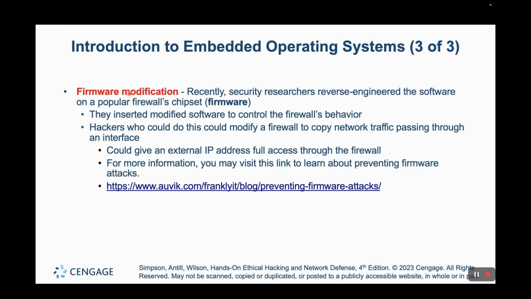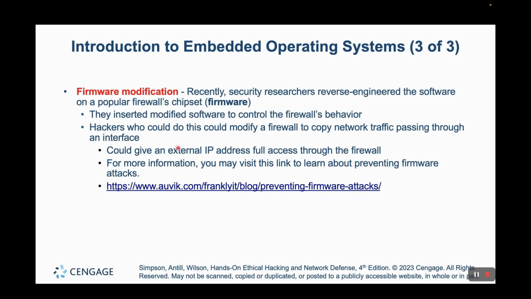Now, let's look at something really serious called firmware modification. Recently, security researchers reverse engineered the firmware on a very popular hardware firewall chipset. They inserted modified software to control the firewall's behavior.